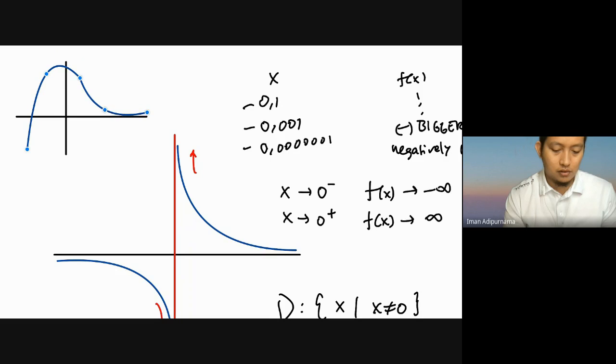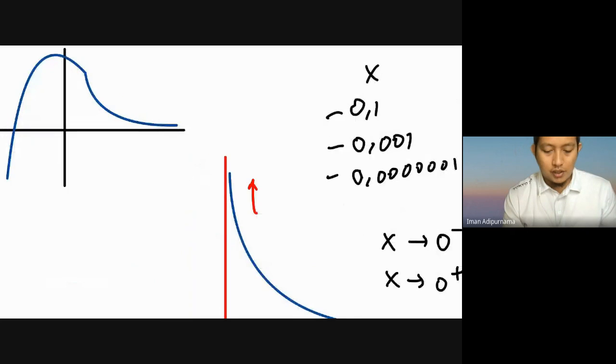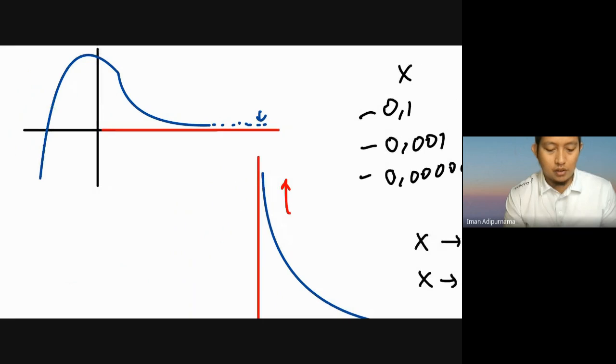So from here, the line will never touch 0, so you will have an asymptote here. But if you elongate the line, it will cross here, right?